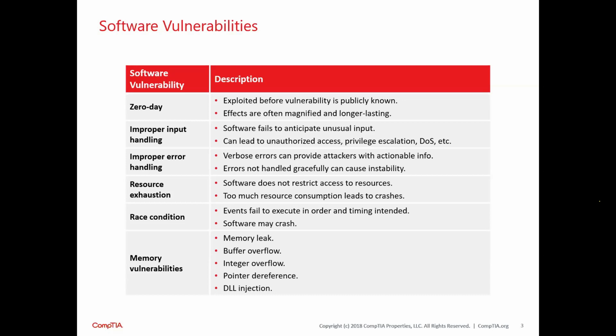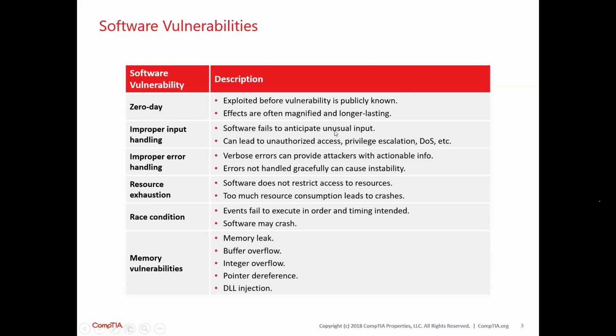Software does not restrict access to resources, and too much resource consumption leads to crashes. This might also lead to a denial of service attack. The other one is race condition, when the software may crash. Memory leakage is also part of the memory vulnerabilities, like buffer overflow, integer overflow, pointer dereference, DLL injection, and so on.